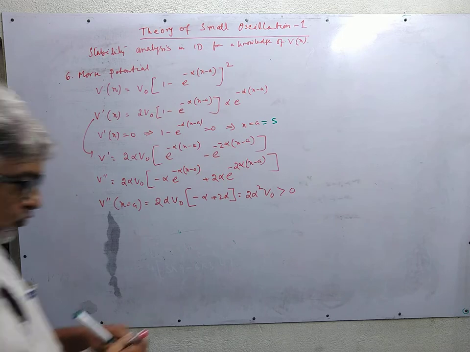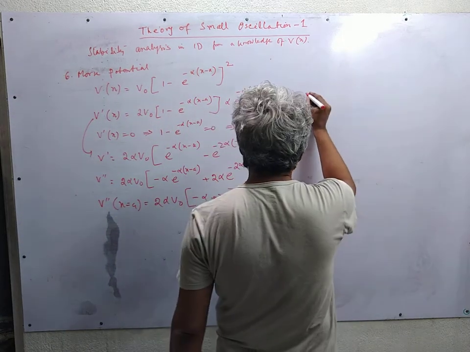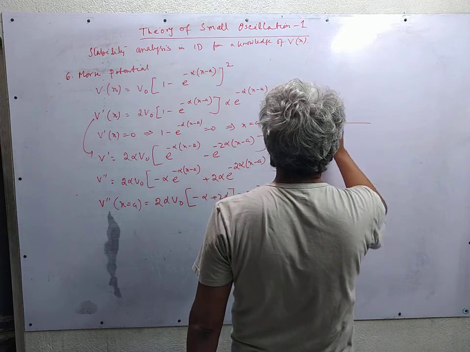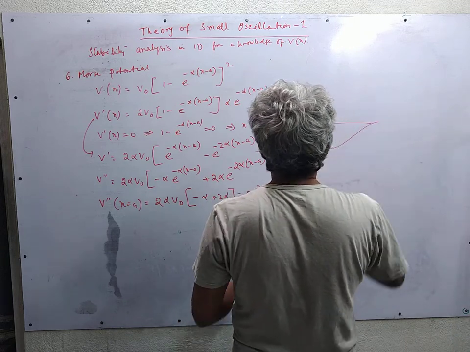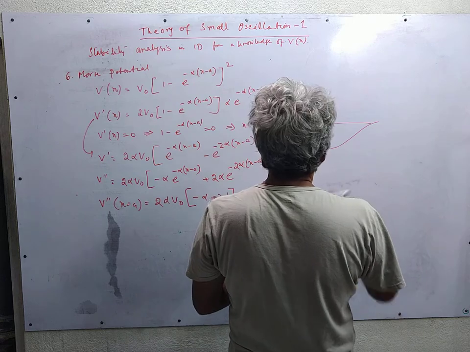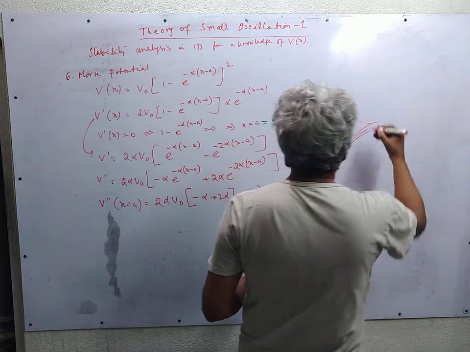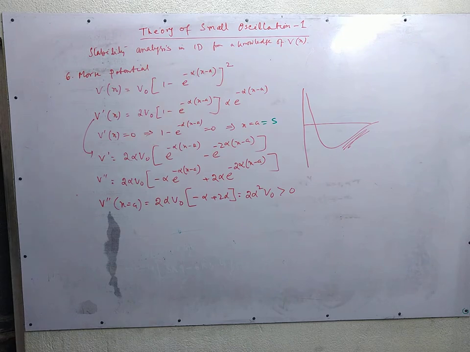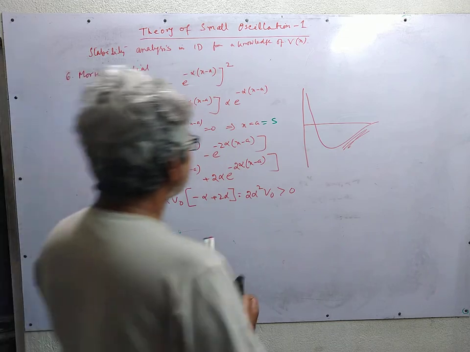configuration. If we draw a plot of the Morse potential, it looks like this. This part is the departure of the potential from the harmonic motion.